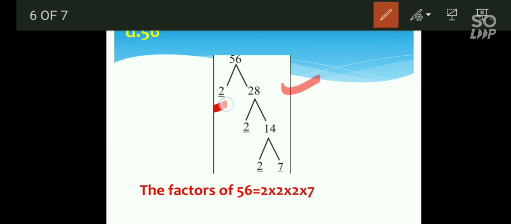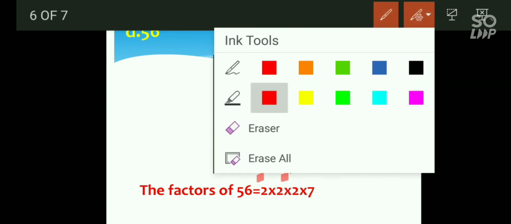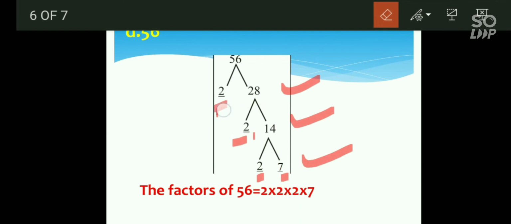Here 2 is a prime number, 28 is divisible by 2, so 2 into 14, and again 14 we can write as 2 into 7. Now you can observe that this 2, this 2, this 2 and this 7 are all prime factors. Therefore the prime factors of 56 are 2 into 2 into 2 into 7. If you multiply them, we will get 56, and all numbers should be prime numbers. Hope you understood clearly.